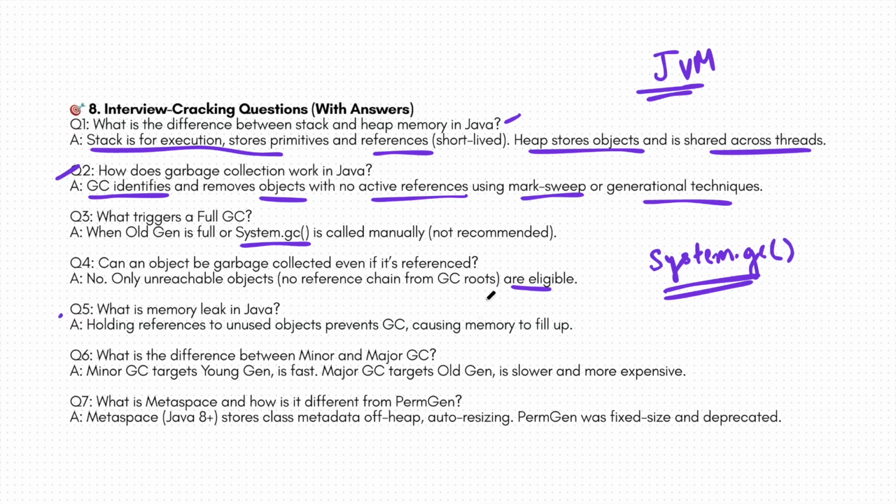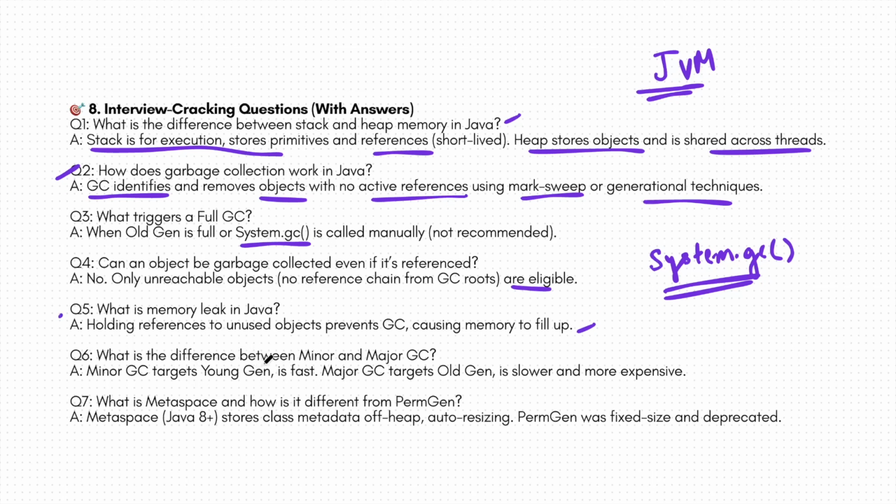It says that a memory leak is something where there is an unused object, but still there's some reference which is holding the object, and that reference is also of no use, right? And it is unnecessarily using up our space. So for that reason, a memory leak can happen, and we don't need to have this in our code because it will destroy our performance.